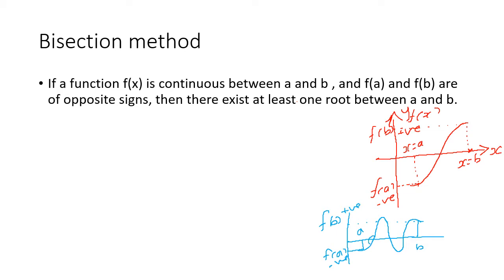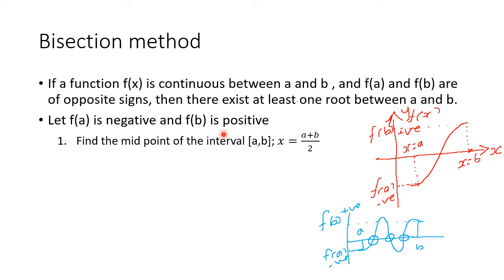There can be more than one root. This is 1, this is 2, this is 3. There are 3 roots in between a and b, but it is very clear that there is at least one root. For definiteness, let f of a be negative as shown in the figure and f of b be positive.